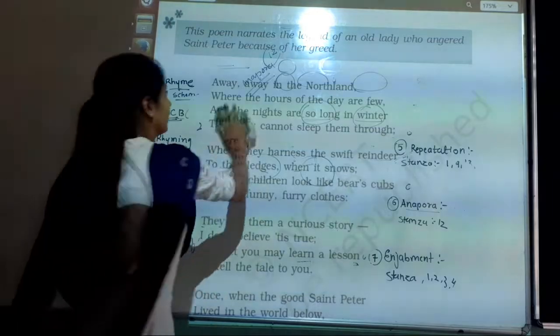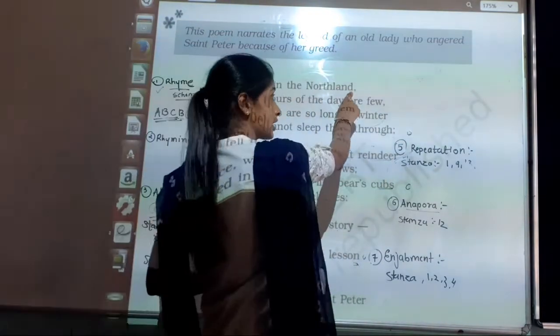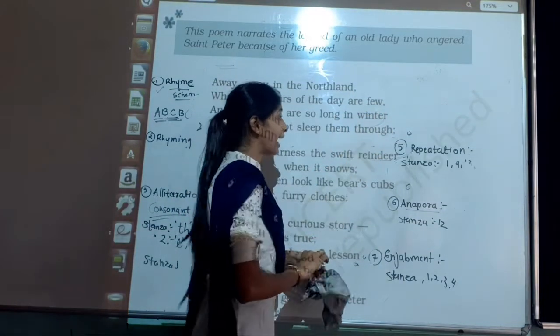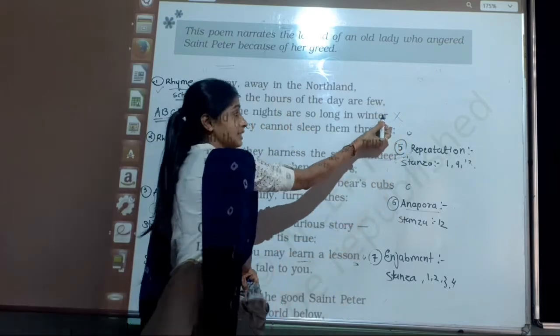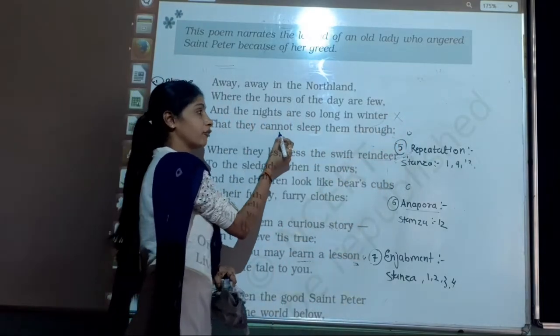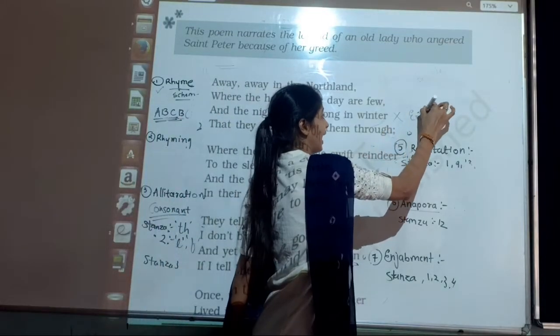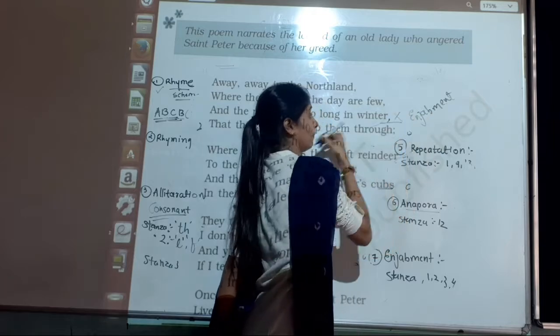See students, here in the first stanza, the first line has a punctuation mark, the second line has a punctuation mark, and now in the third line no punctuation mark is given. It means this line continues in the fourth line. That becomes an example of enchantment. So students, you will write this example of punctuation marks.